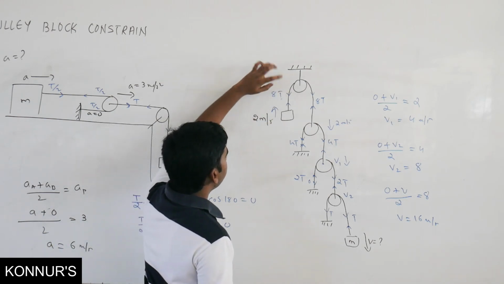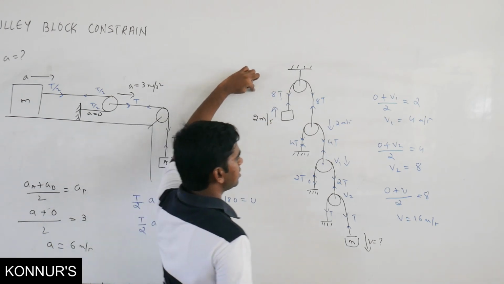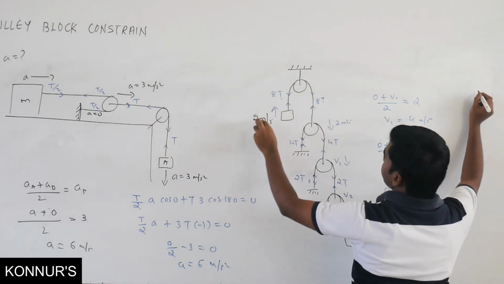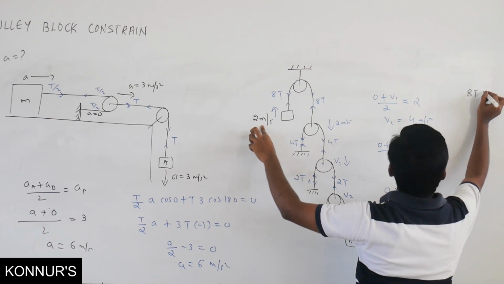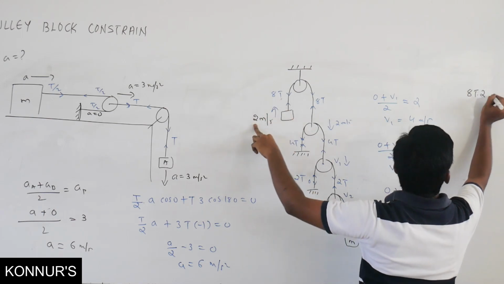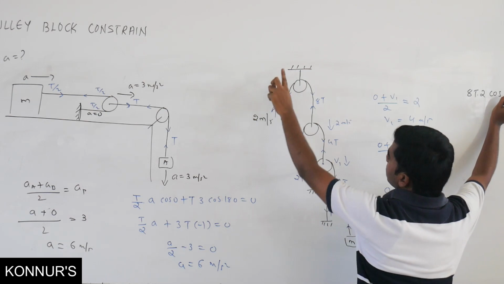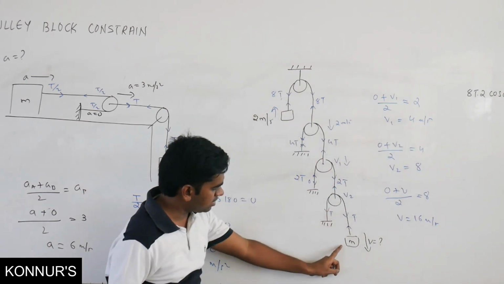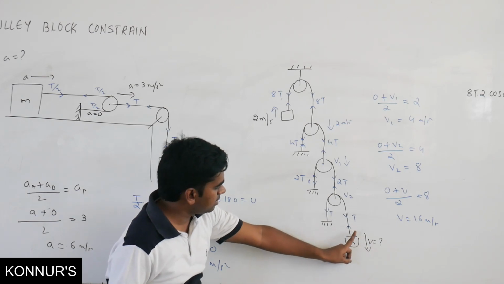Now you can apply your tension method. Tension 8T is in upward direction, velocity is also in upward direction. So you can write 8T into 2 cos 0, both are in upward direction, plus. Here you can apply tension: V is in downward, T is in upward.